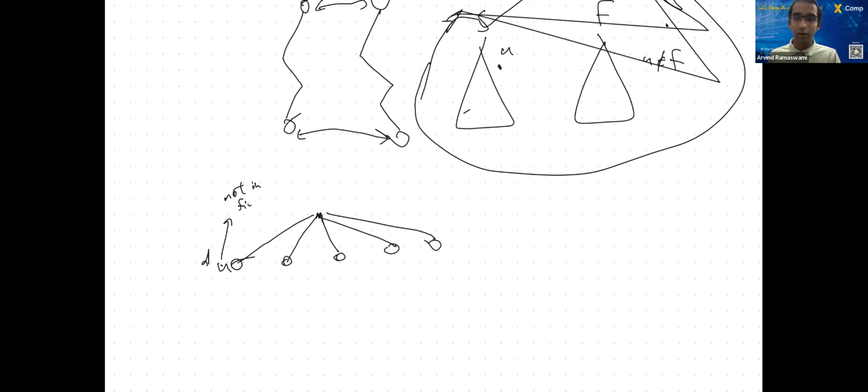Since U is not in the final tree, that means we have to merge it with some V. So there are two cases.